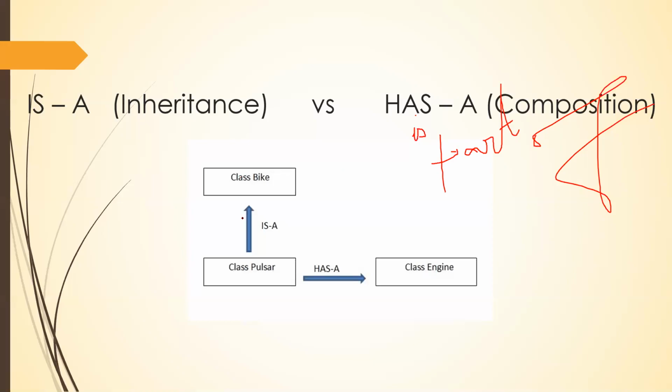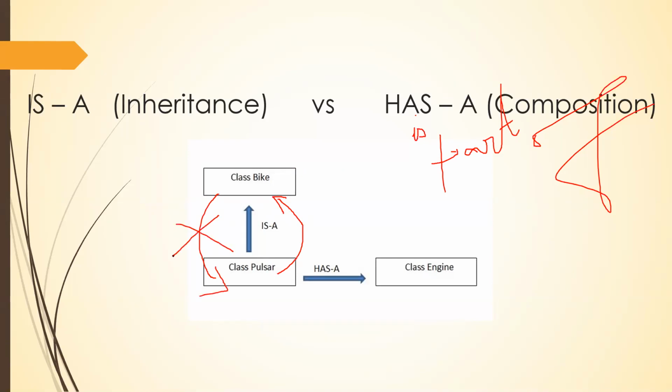I've given an example over here of is a. You can have a parent class called bike or a super class called bike, and a bike called pulsar. It will be a child or a subclass of bike. So I say pulsar is a bike, because this is a child of bike, but I cannot say that bike is a pulsar.